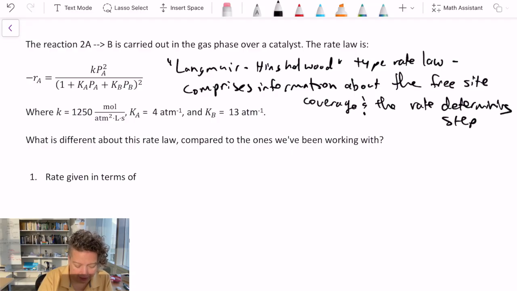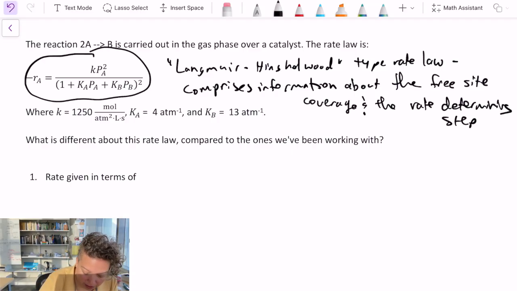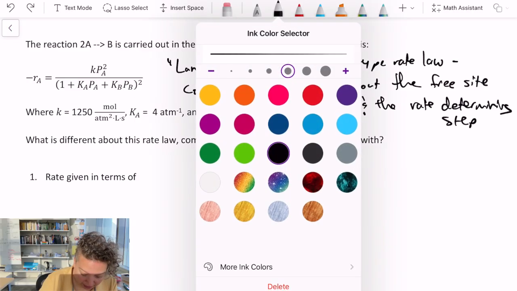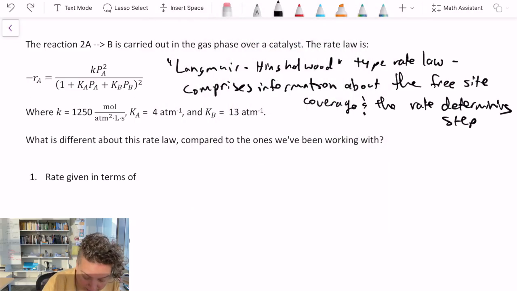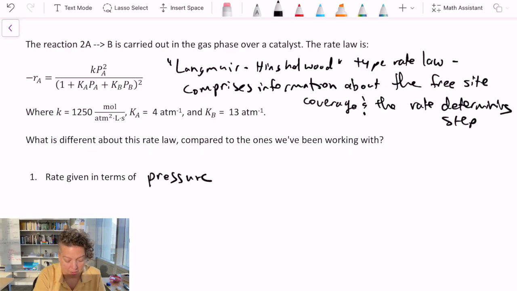So some differences between this rate law and the ones we've been thinking about in CBE 3610. One simple one is that this rate law is given in terms of pressure. You see it's pressure of A and pressure of B, where typically we are used to the rate law being given in terms of concentration.